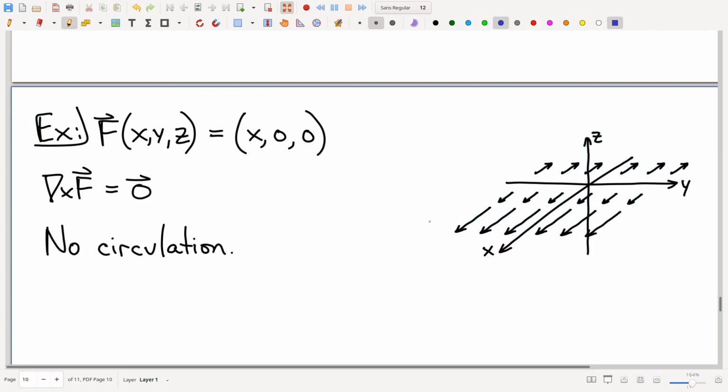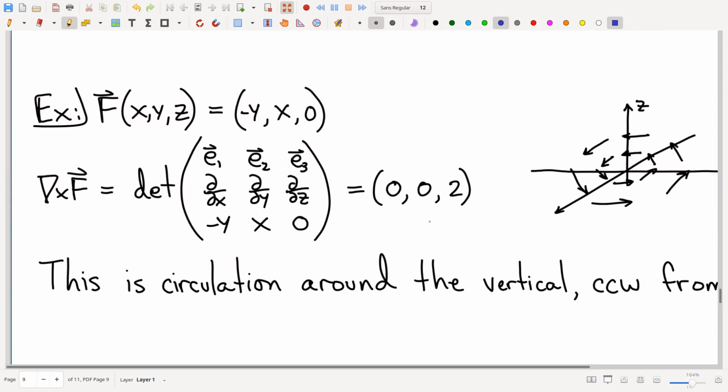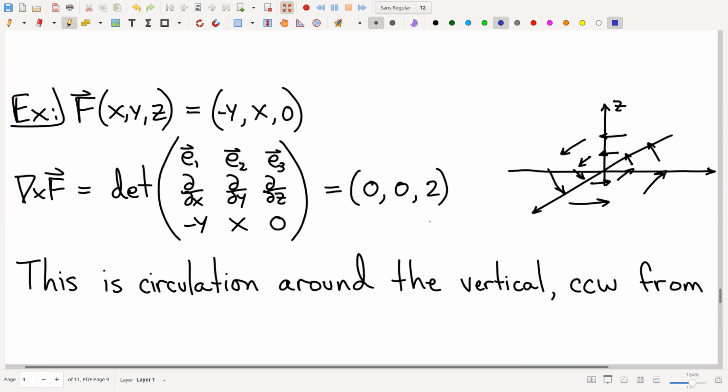Okay, now here's the next example, to dispel a misunderstanding that happens a lot. A lot of people look at the circulation, the obvious rotation that we see here, and think that what we're talking about is the fact that the flow line is a circle.